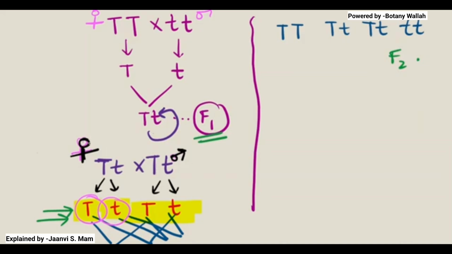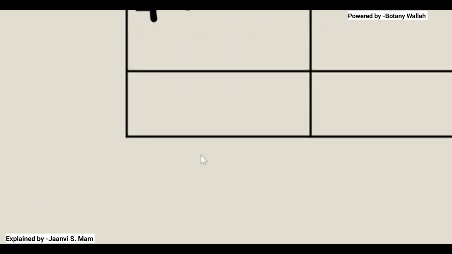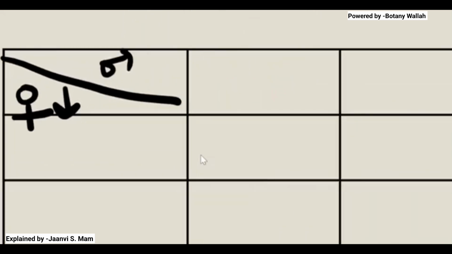So this is female and this is male, and these are nothing but gametes. I will come to my square and write female gametes on this side, downwards, and on this side I will write male gametes.